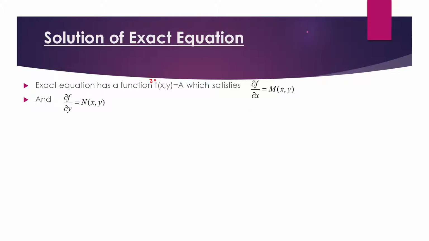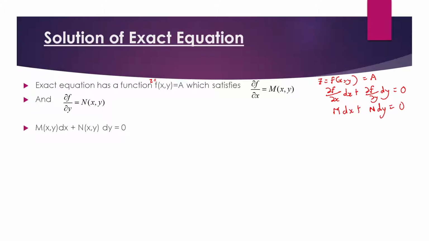Because in the introduction just now you saw that z is equal to f(x,y) equal to a. When we do the total differential, del f del x dx plus del f del y dy, differentiating a gives 0. This is what we denote as M dx plus N dy equal to 0.